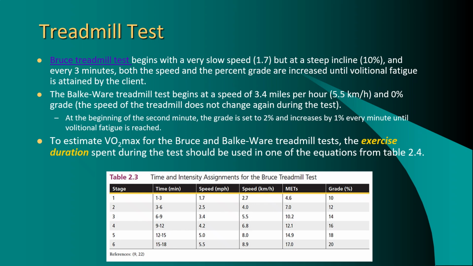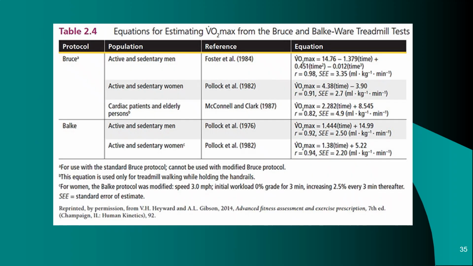As far as how you calculate VO2 max, there are formulas for that. In these tests, you're going to estimate the max from the duration. How much time were they able to spend on the exercise? There are equations that you can use in your textbook on table 2.4 or here.